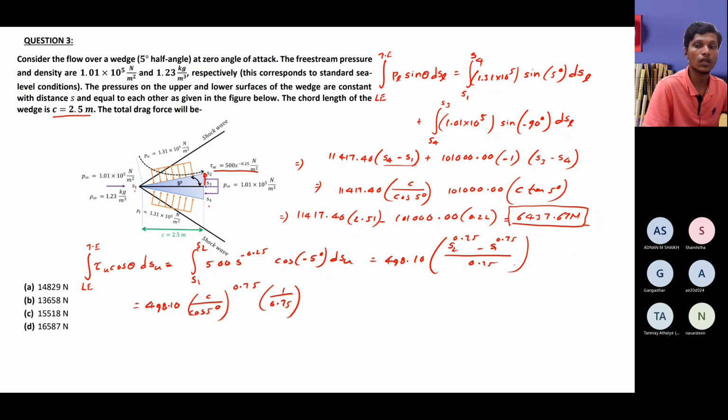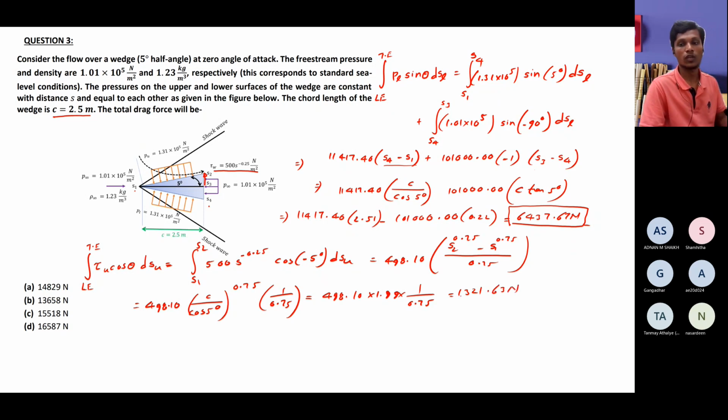You separated this part out and simplified it based upon the trigonometry of this wedge, and then you can write it as 498.10 times 1.99 times 1 by 0.75, which equals 1321.63 newtons.